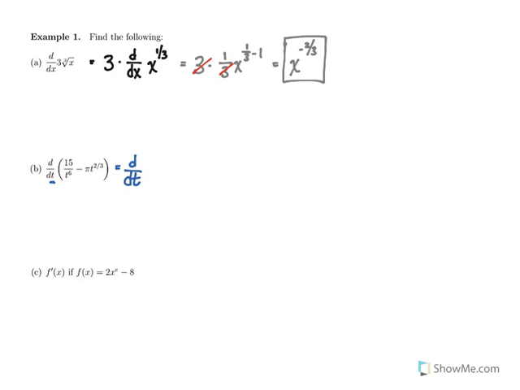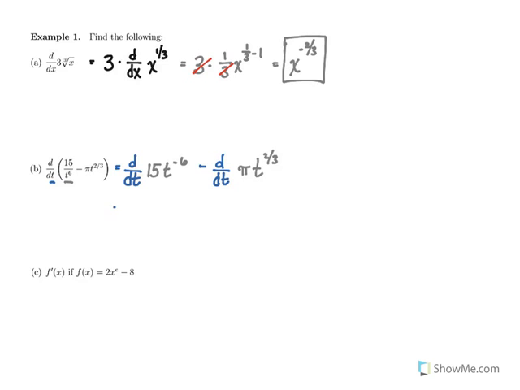So how about the derivative of 15, rewrite 1 over t to the 6 as t to the negative 6, minus the derivative of pi t to the 2/3.